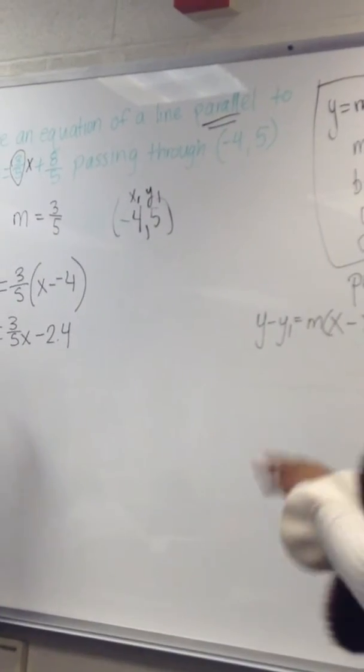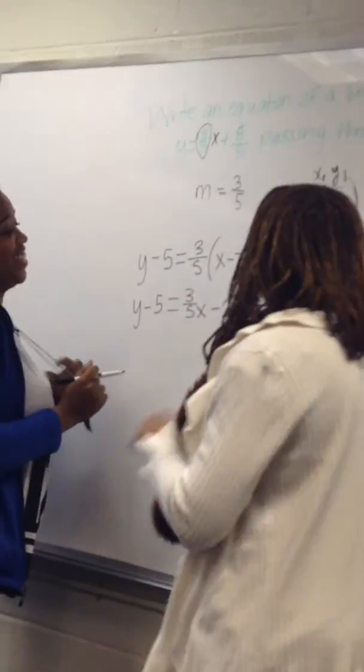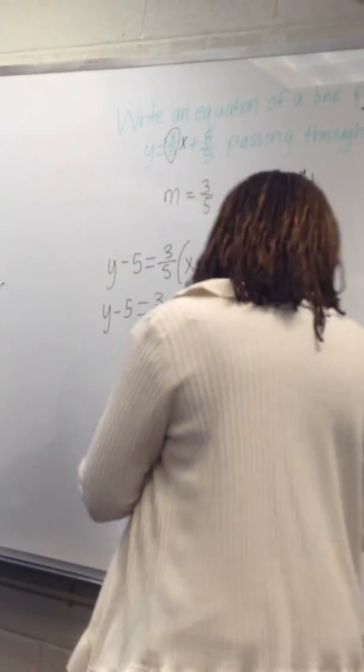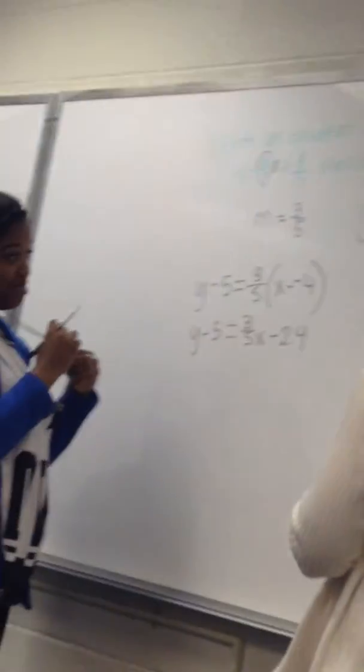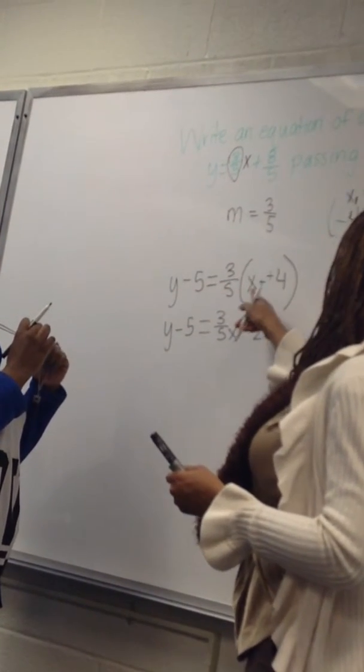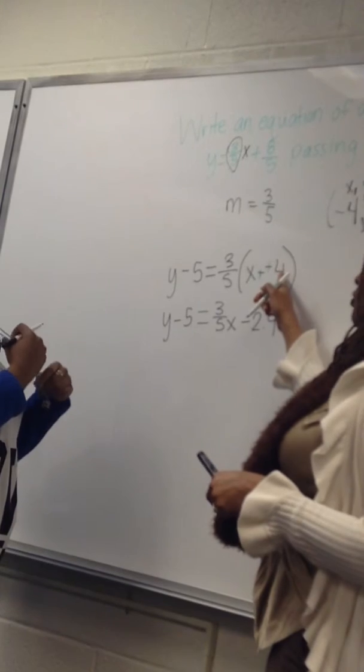I have a question. You have a minus here, right? A minus times a minus is a positive, so this actually turns into x plus 4.